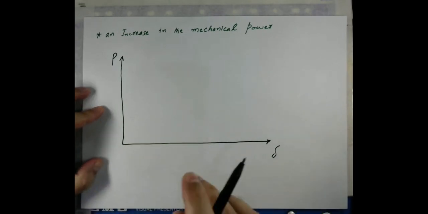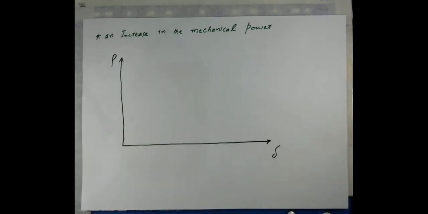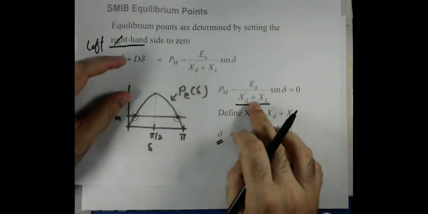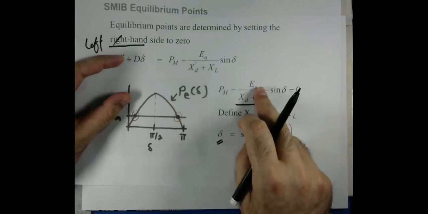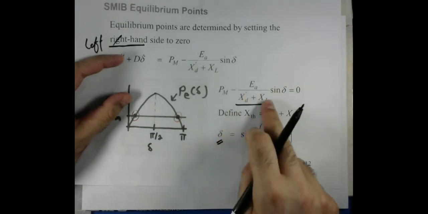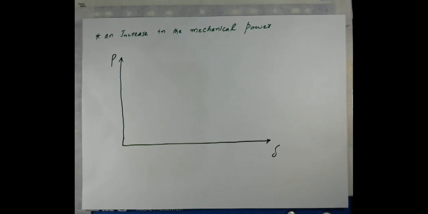As we have discussed before, the expression for the electrical power is equal to the product of the terminal and induced voltage divided by the reactance, into sine of the angle.